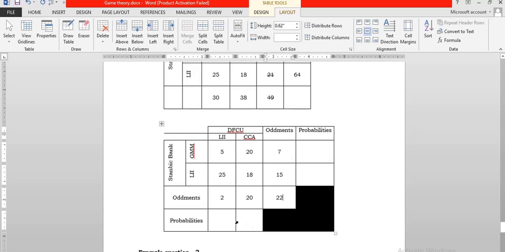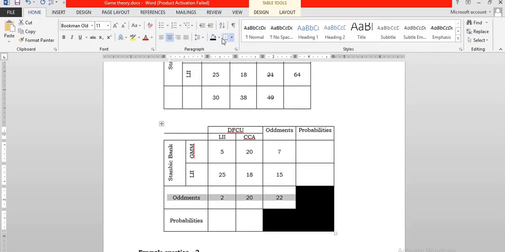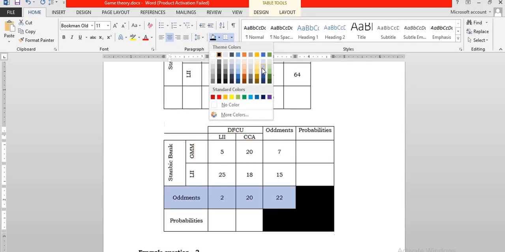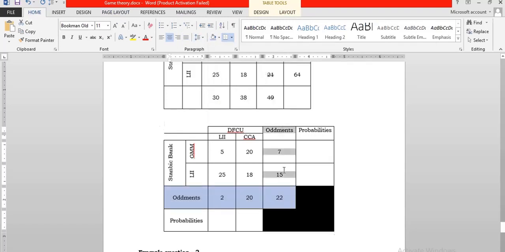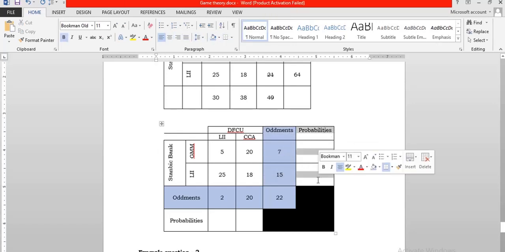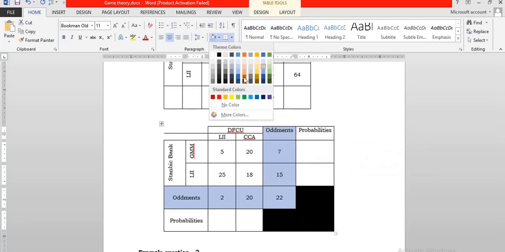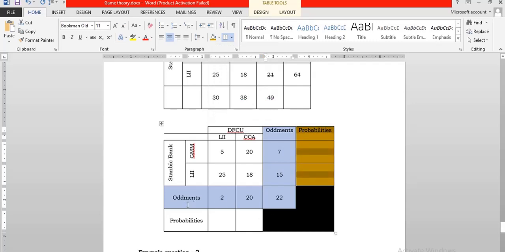Now, let me first shade this part here to show that these are just additional columns and rows. So we shall have that one and also that one. These are the oddments. Then we shall have the probabilities here. Now, the probability for GMM will be 7 divided by the total.